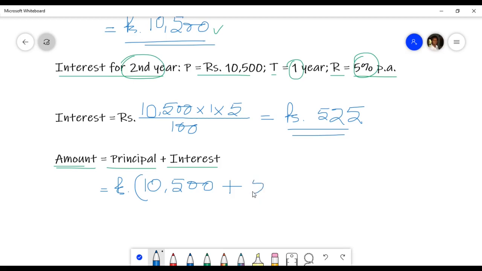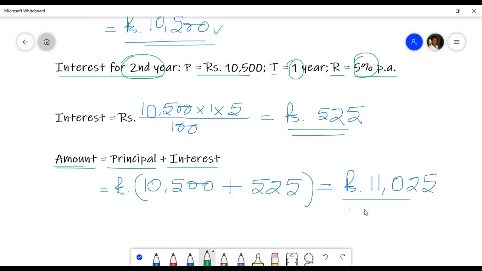Interest for second year is rupees 525. And when you add this 10,500 plus 525, you will get rupees 11,025. So the amount at the end of the second year is rupees 11,025.